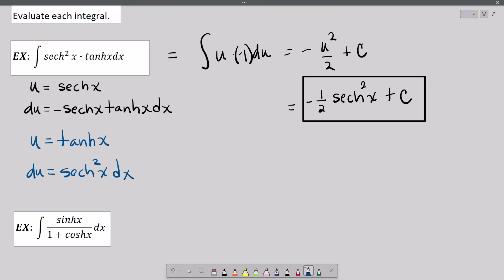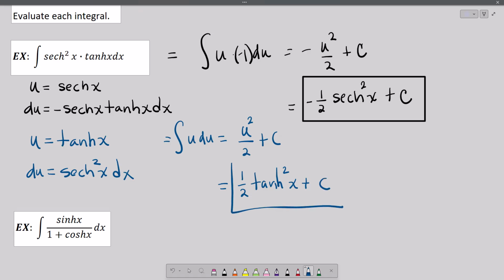So here, our integral is just going to be u du. So we'll get u squared over 2 plus c, but our u is tanh. So we're going to get 1/2 tanh squared of x plus c. So this is equally valid.